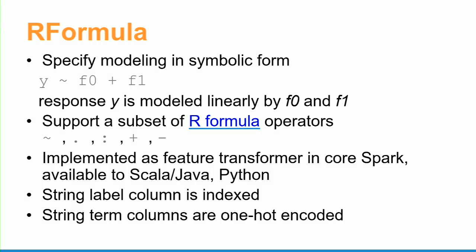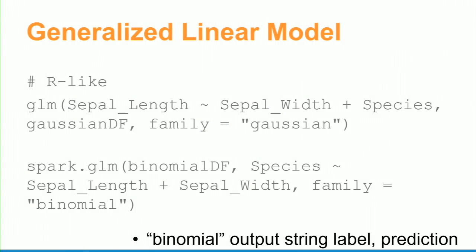So you can express your feature and your label and target that way. And this is actually, in fact, implemented as a feature transformer in core Spark, which means you can actually use this in Python as well. There are other syntactic sugar here for things like the label column is automatically indexed for you, and then term columns are automatically one-hot encoded, so you don't have to do extra work for massaging your data set before sending it into the machine learning model here.